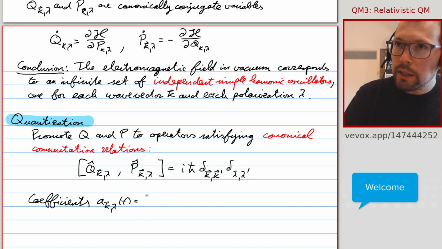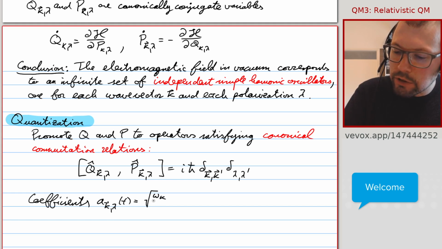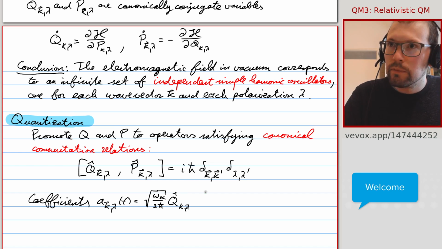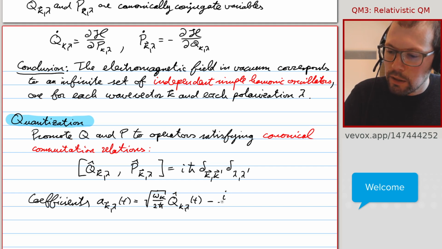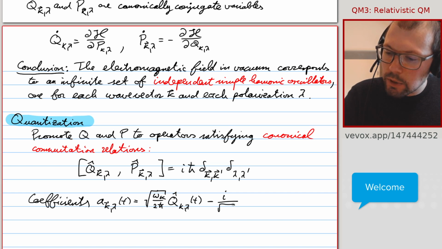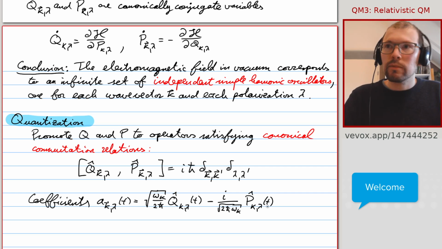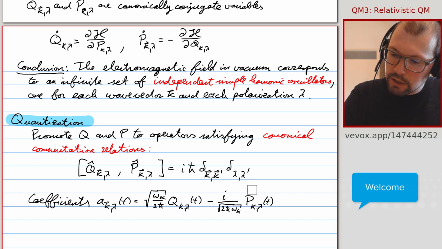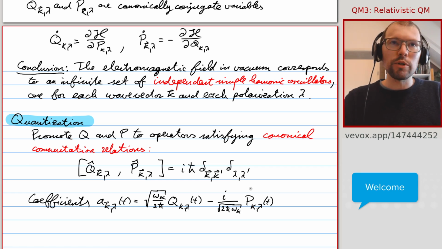So that gives me the square root of omega_k over 2 h bar times Q. So that is the real part, and then the imaginary part is given in terms of P, where now I have a 2 h bar omega_k. Let's not put hats just yet there.